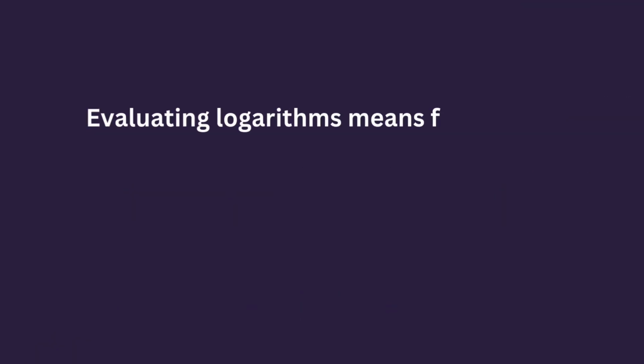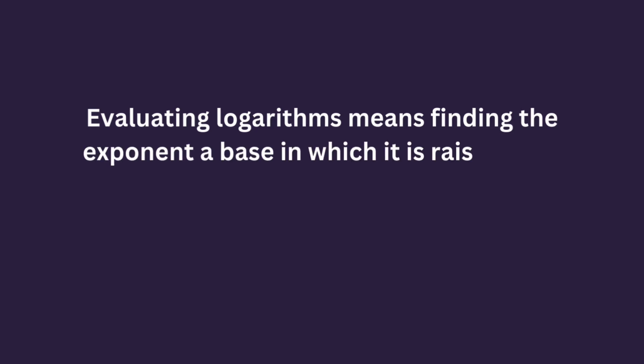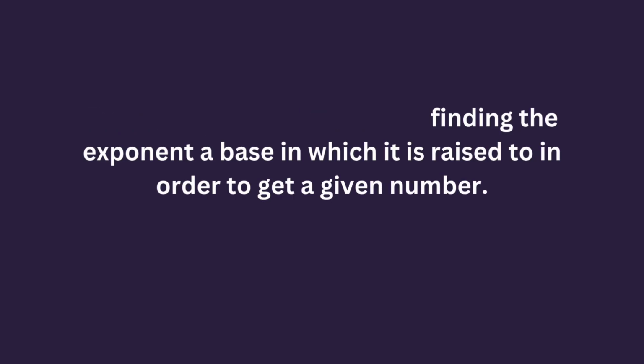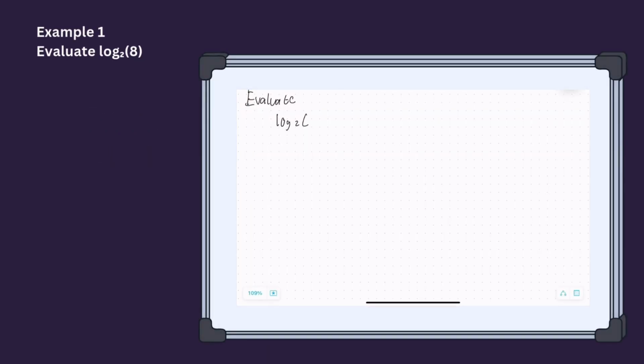Evaluating logarithms means finding the exponent to which a base is raised in order to get a given number. For example, log base 2 of 8. Recall that this means 2 raised to what power equals 8.